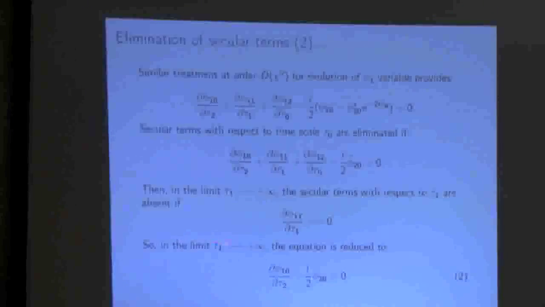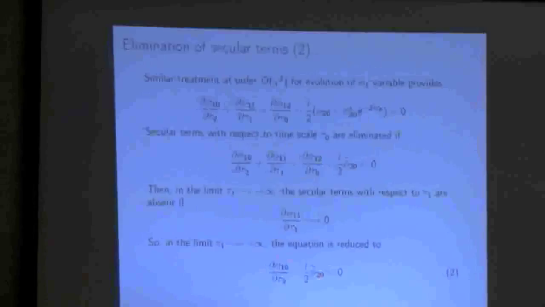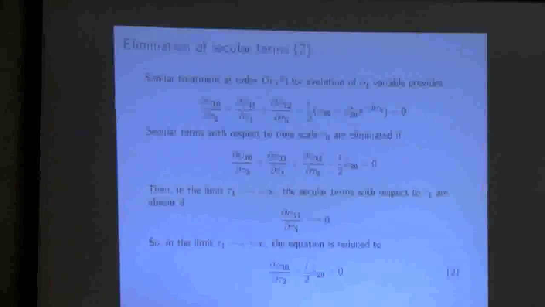So in the limit tau 1 tends to plus infinity, the equation is simply given by d phi 1 over d tau 2, and minus I2 phi 2,0 tilde, where the tilde has been introduced in the previous slide. It says that we take the limit versus tau 1 time.